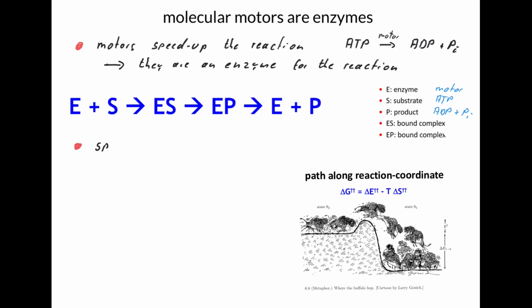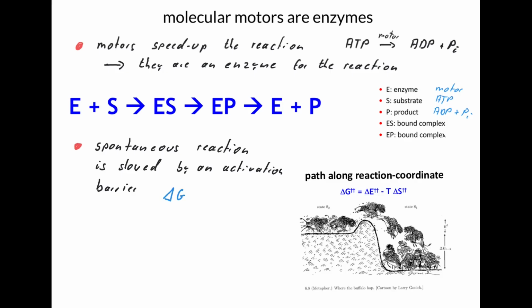So just to summarize our ideas here, if we have a spontaneous reaction, the spontaneous reaction is slowed by this activation barrier, delta G‡, which we can also split into an enthalpic and an entropic part, delta E‡ minus T delta S‡.